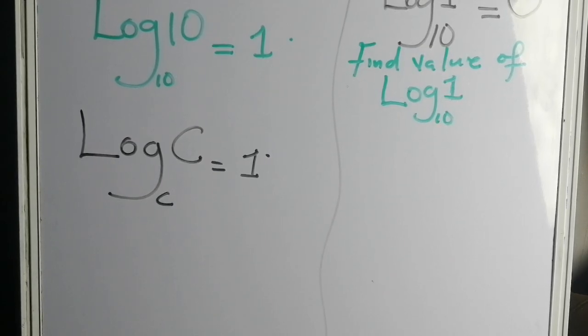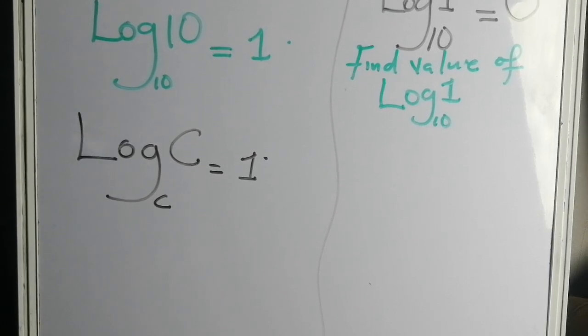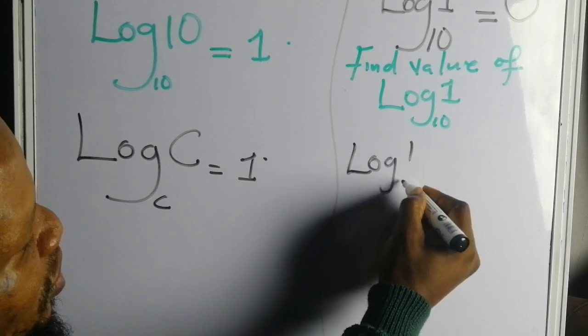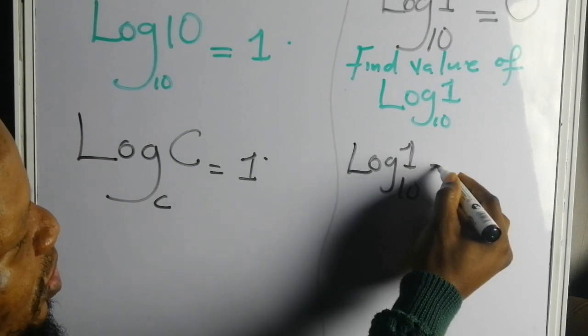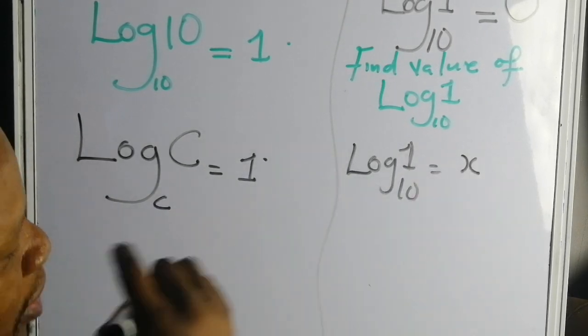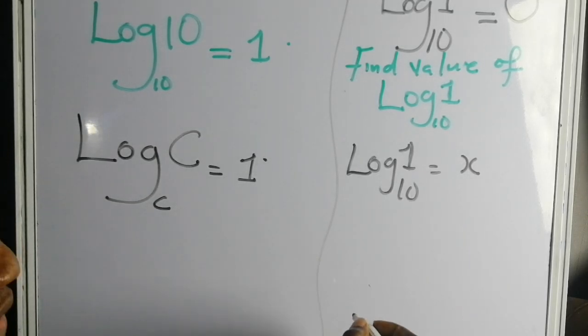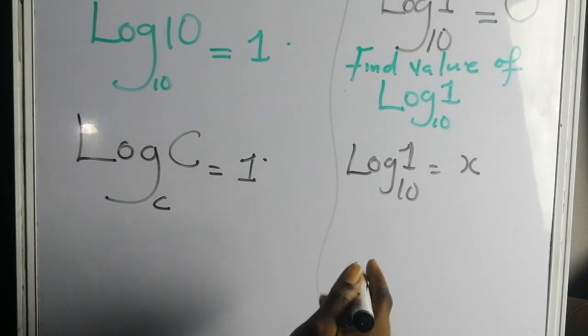So I can say log 1 to base 10 equals X. From the value law that I explained in logarithm part 1, if you've not watched it, please go and watch it so that you can understand exactly what I'm saying here.